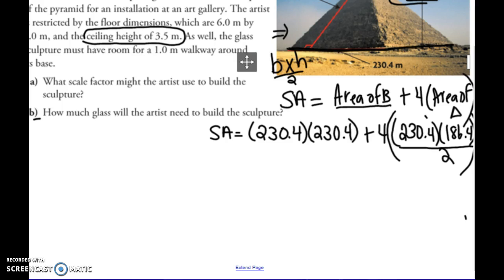Okay, so we have our base area plus we will solve what's inside of brackets.